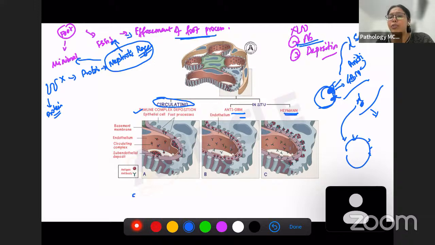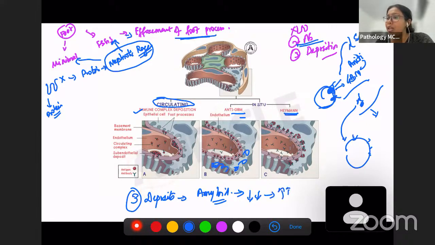And the third type of injury is because of deposits, for example amyloid. Okay, if amyloid gets deposited in the foot processes, again, what is going to happen? There's going to be impairment of the protein barrier. So again, there's going to be proteinuria.